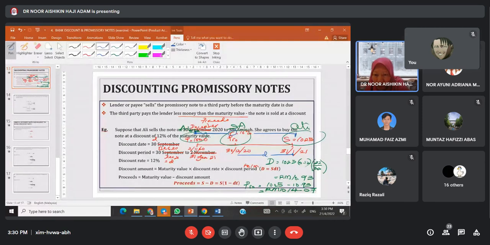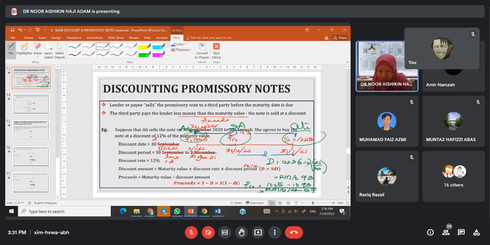Ada beza kan? Ni R. R goes from one end to another. D goes from the discount date until the maturity date. Boleh? Boleh tak kelas? Boleh. Saya rasa you macam masih lagi tak berani nak cakap boleh, tak confident lagi.